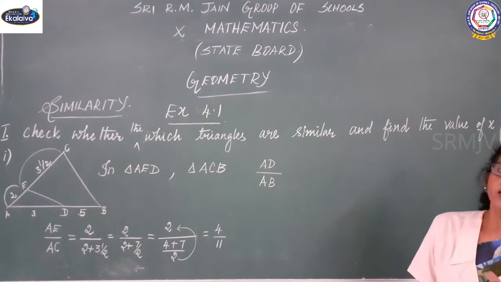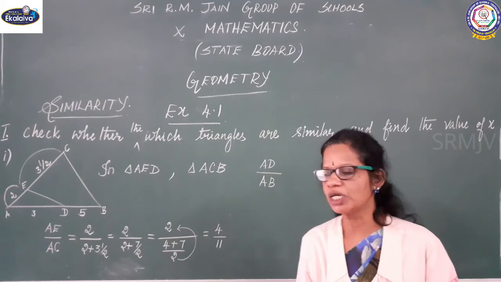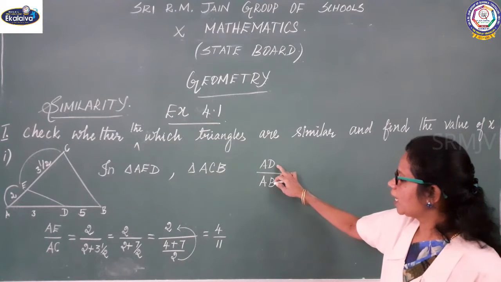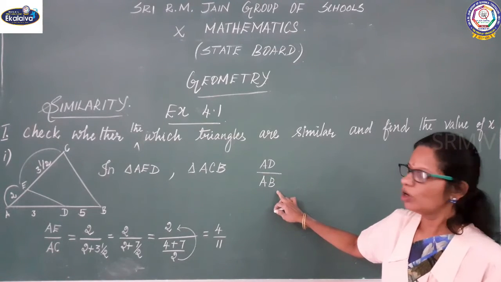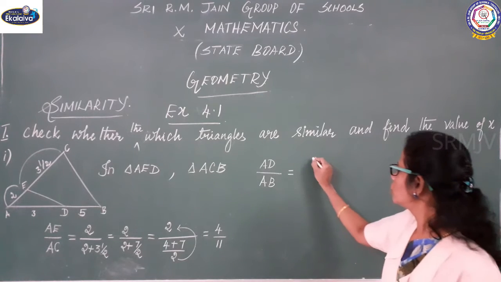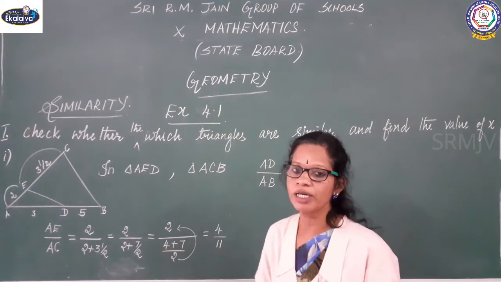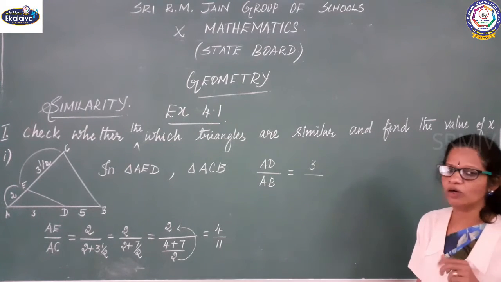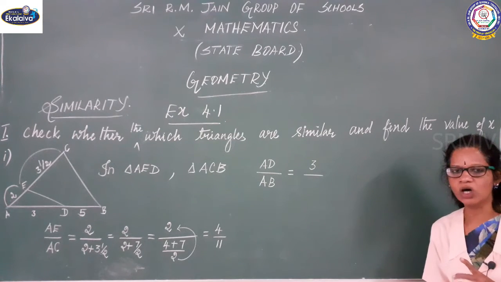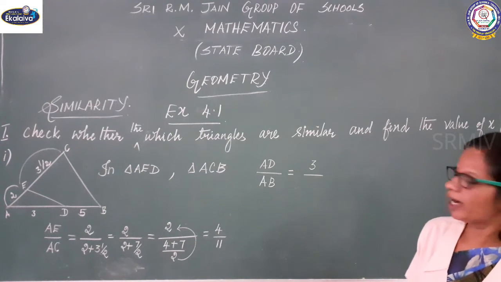Now you see AD by AB. What is AD by AB? AD is equal to 3. AB equals what? If corresponding sides are proportional, it is similar.